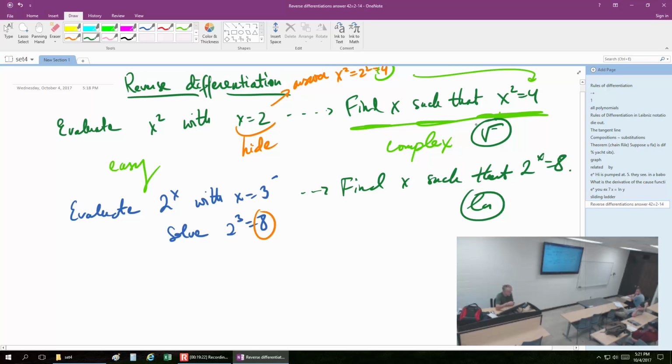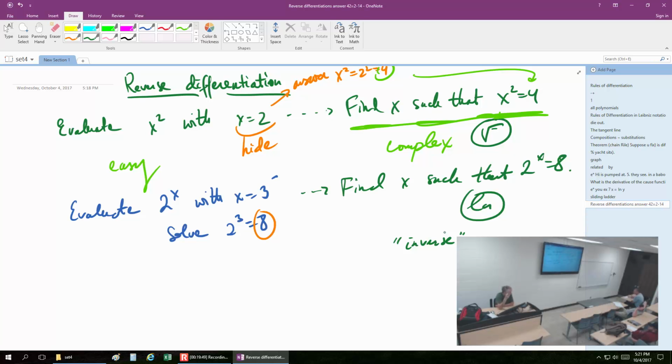In the second line, I have to invent a new function, the logarithm, in order to solve those problems. So that's how it goes back and forth. And you realize what we're talking about: the inverse functions here. Inverse problem, instead of reverse, is more appropriately called, mathematically, the inverse.